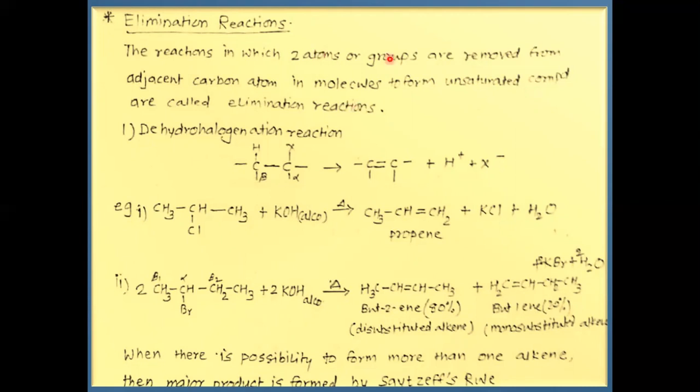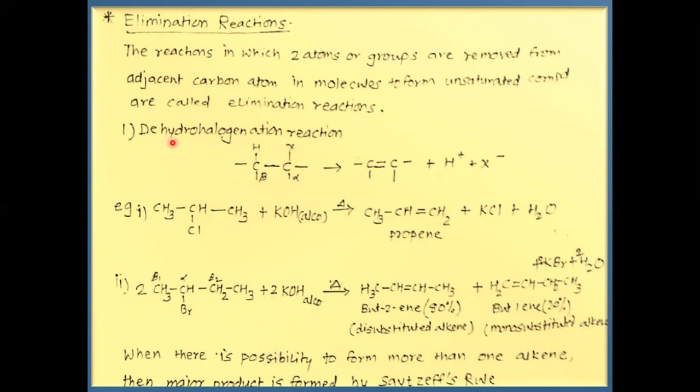By removing these two atoms or groups, a carbon-carbon double bonded, that is unsaturated, compound is formed.